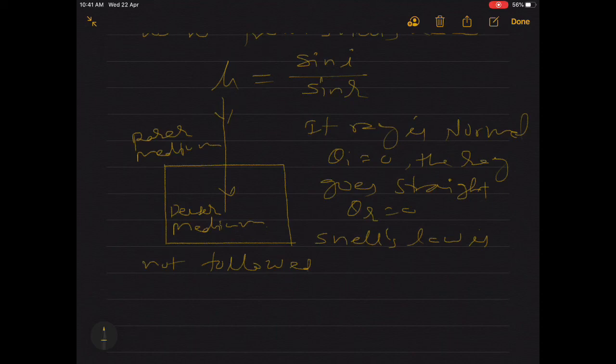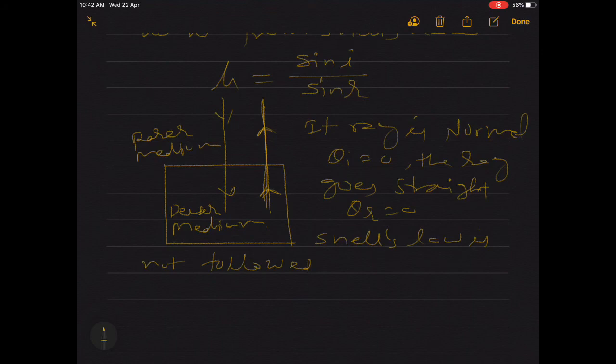So Snell's law will not be followed if the ray is entering from one optical medium to another optical medium along the normal. This can be taken in both directions, either from denser to rarer or rarer to denser. The ray will go straight without any bending.